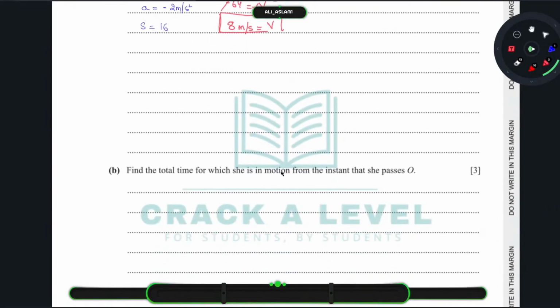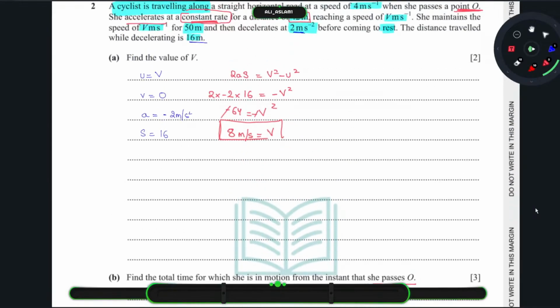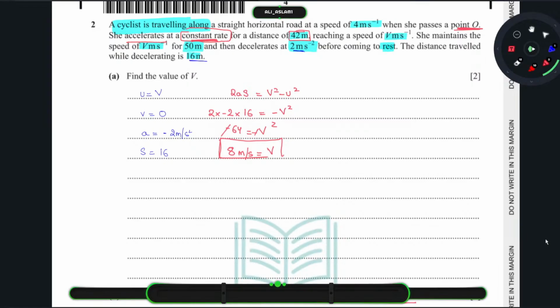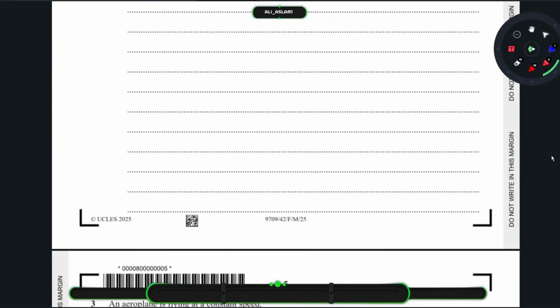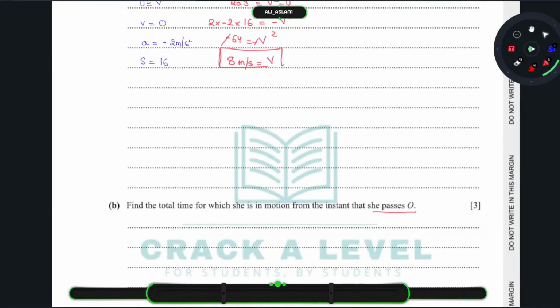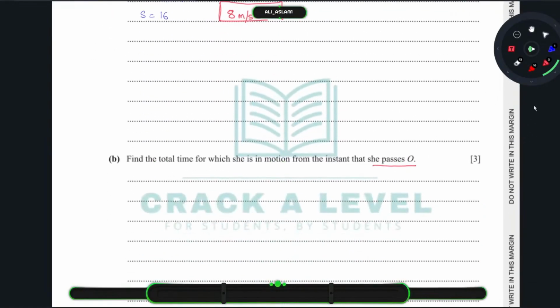Find the total time for which she is in motion from the instant she passes O. So basically the total time. We know for a fact that we started off with 4, so u equals 4.